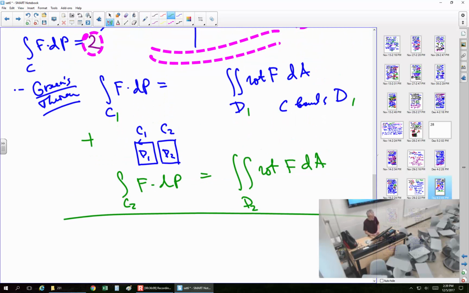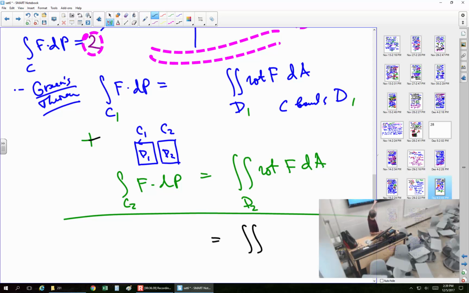Well, let's look at the right-hand side, which is simpler. What do we have on the right-hand side? Two double integrals over two adjacent regions. What do we do with them? I'm adding them together. It will be one integral again.